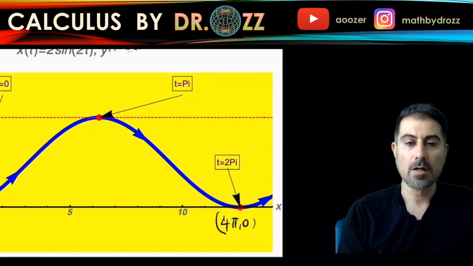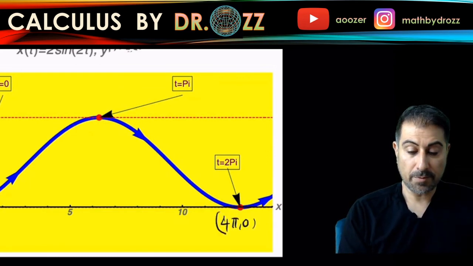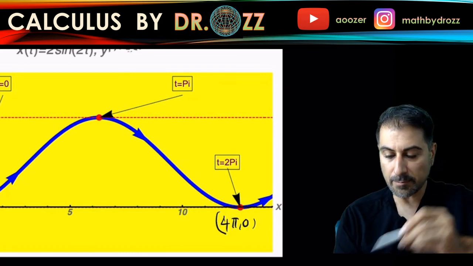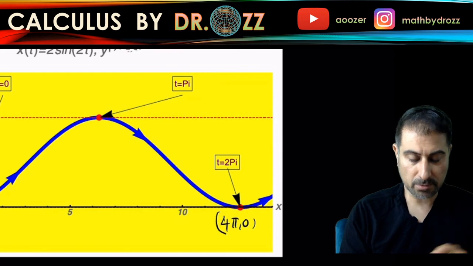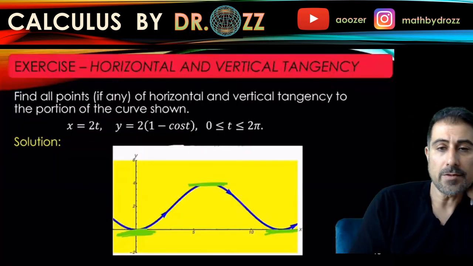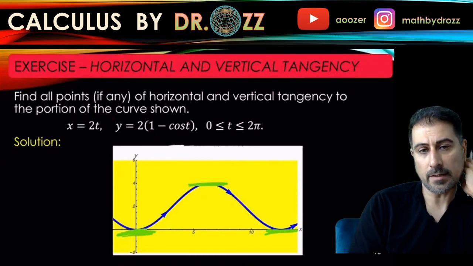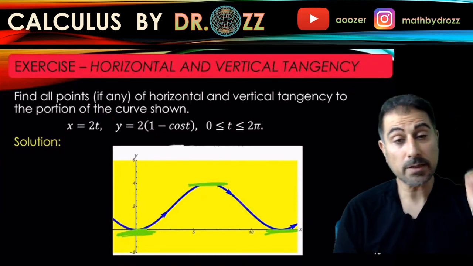So we have three of them in total. Let me go to the smaller picture to see the full picture: you have 3 horizontal tangent lines in the graph, and no vertical tangent line.